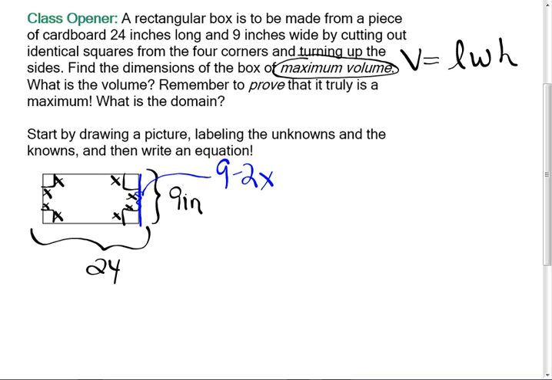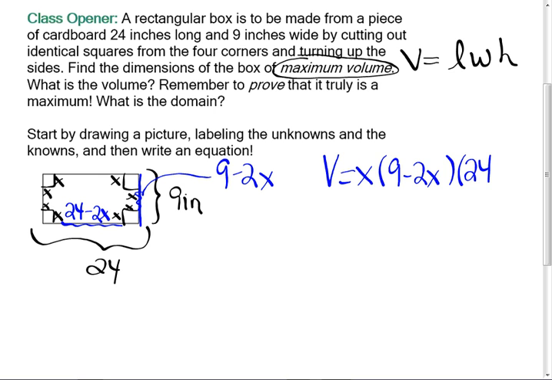This to me is the hard part. What's the other side? 24 minus 2x. Good. So what's the volume? It's the height, which is x, times 9 minus 2x, and 24 minus 2x.